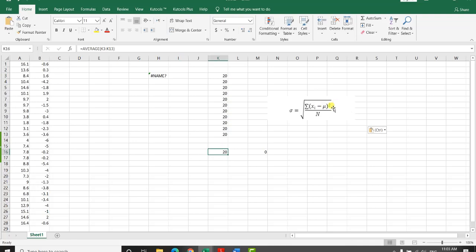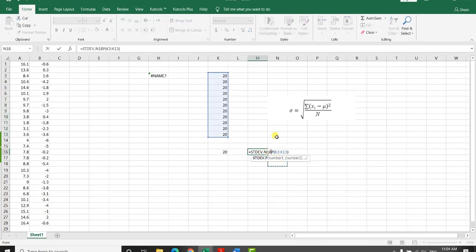Then it raises to the power 2. Raise 0 to any power and it gives you 0. Then it divides by the number of the samples. So here we have 11 samples. Divide 0 by any number and it gives you 0. Then it calculates the square root. Again, 0. So you have a standard deviation of 0 here.